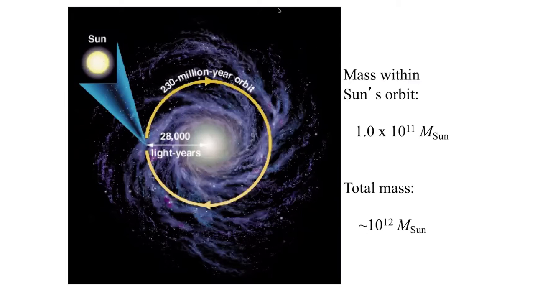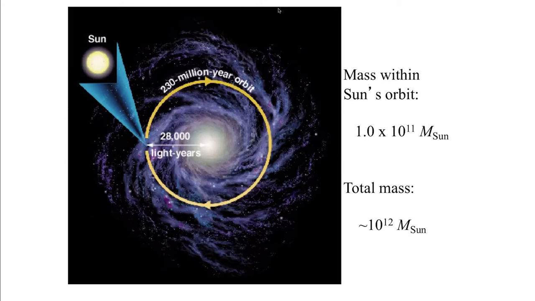100 billion solar masses. But again, this is a formula that cannot just be used to measure the mass of the entire galaxy or even the mass of the galaxy within our orbit. It can be used to map out the spatial distribution of matter within the galaxy.